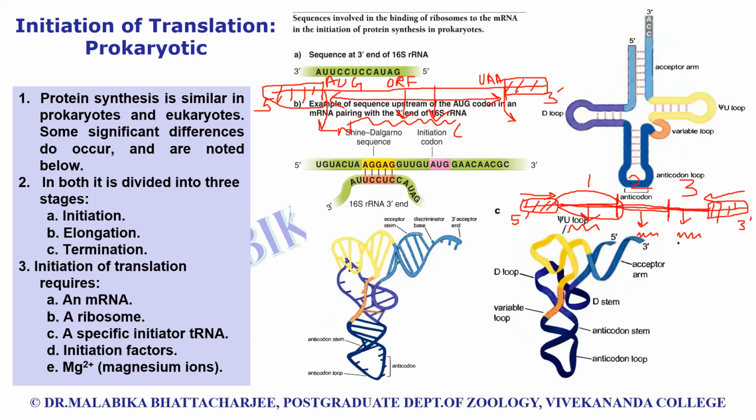Now a question that automatically might have come to your mind is that if an open reading frame is symbolized by a start codon and a stop codon, how does the ribosome understand that this is one gene? So when I come to this area, I have to stop decoding this segment and start decoding this segment.